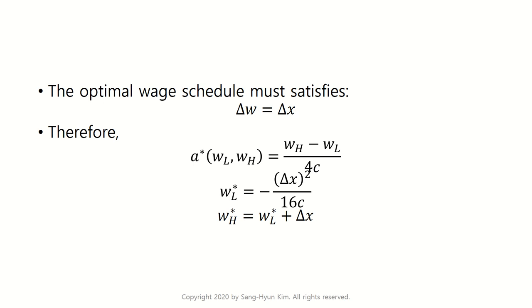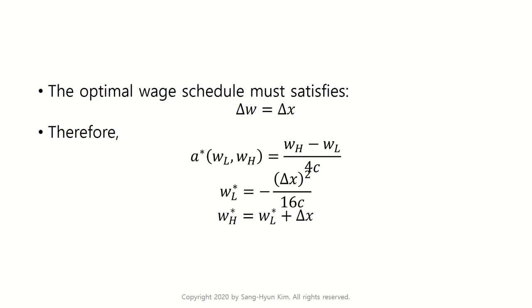So you may wonder, is it possible to give a negative wage? According to this expression, the baseline wage WL is negative, right? Is it possible? My answer is yes and no.